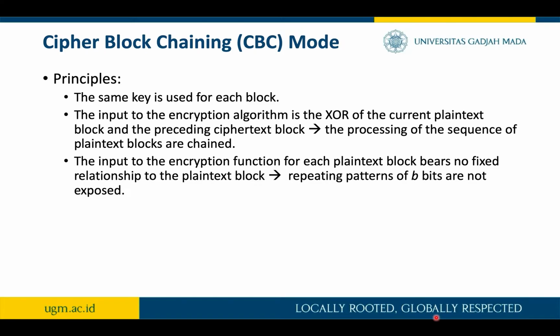Because of the chaining, the exclusive OR operation between the current plaintext block and the preceding ciphertext block, it is very difficult to find the relationship between the plaintext block and the ciphertext block as the result of the encryption. So statistical analysis is very hard, maybe impossible. There are no repeating patterns of bits here.